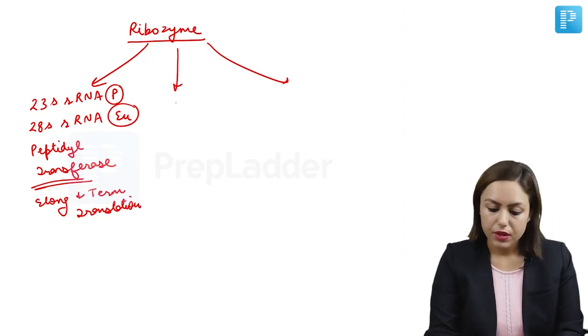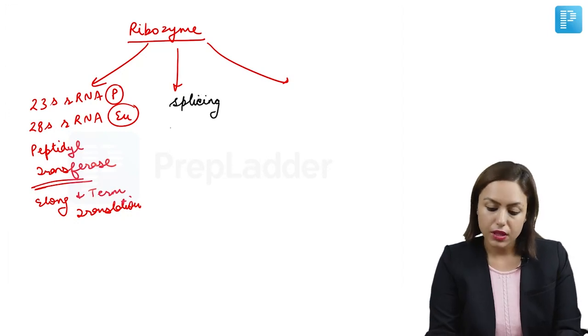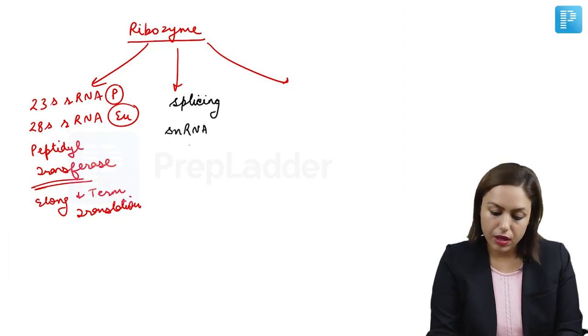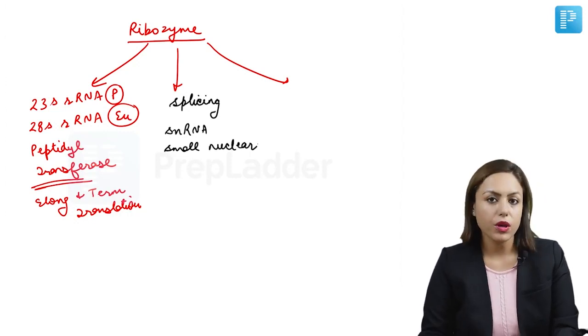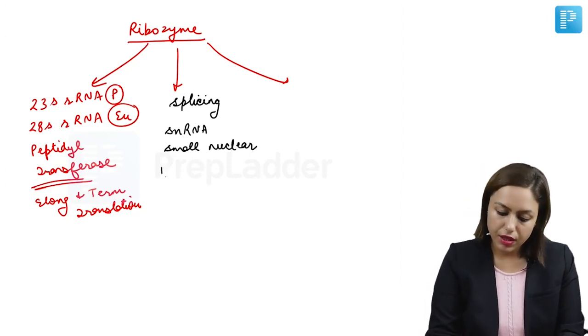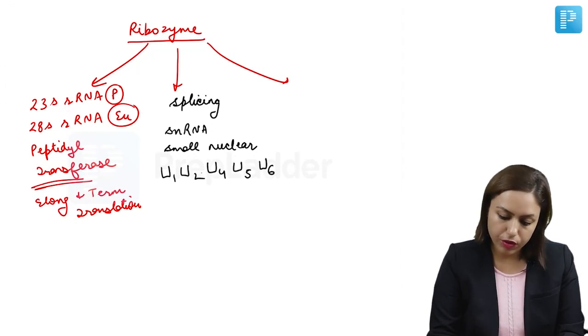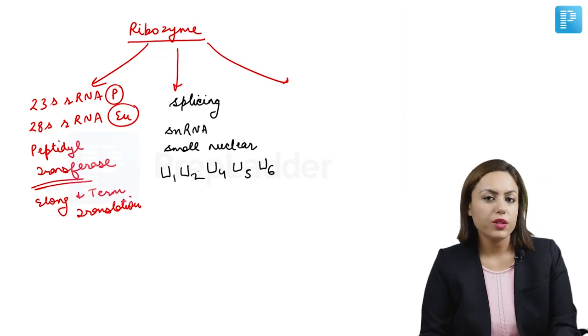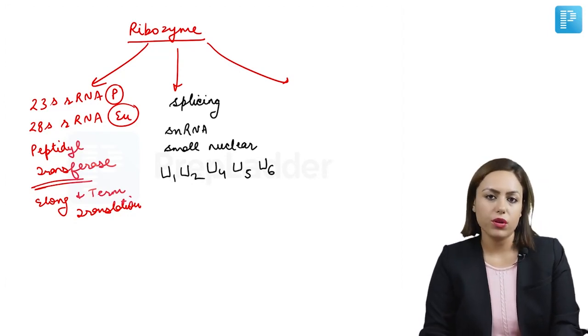Right? Then second is ribozyme having role in splicing, that is snRNA, small nuclear RNA. Okay? snRNAs type U1, U2, U4, U5, U6. Okay? So it is from 1 to 6, but 3 is not there. Okay?